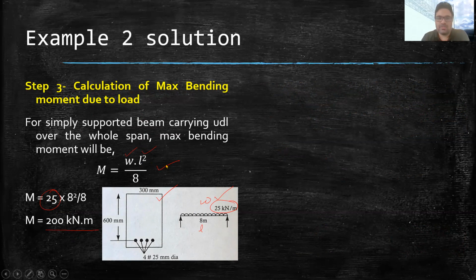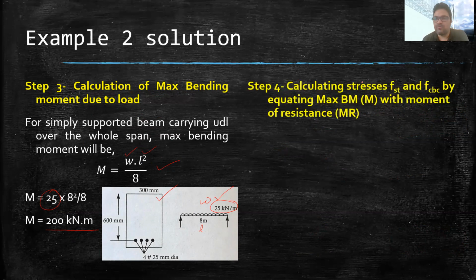Now we will move to the next step, which is to find out the actual stress in steel and actual stress in concrete. So FCBC is referred to the stress in concrete and FST refers to the stress in steel. So these are basically the actual stresses.